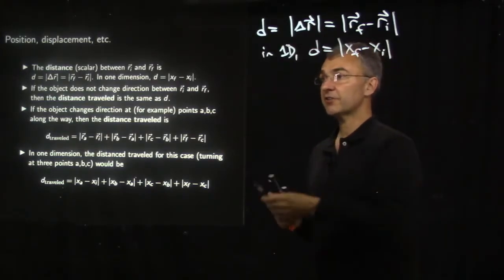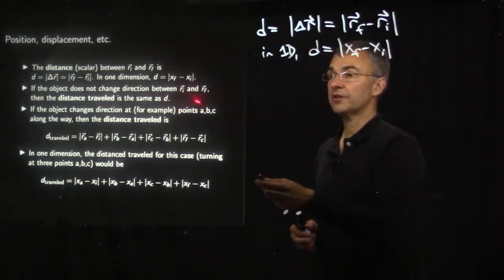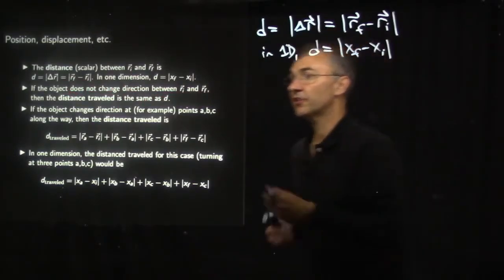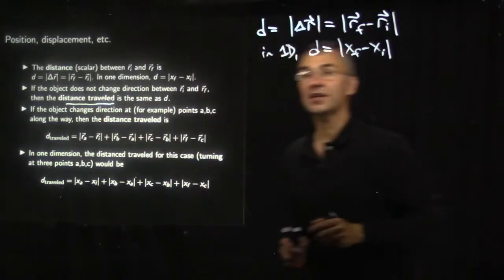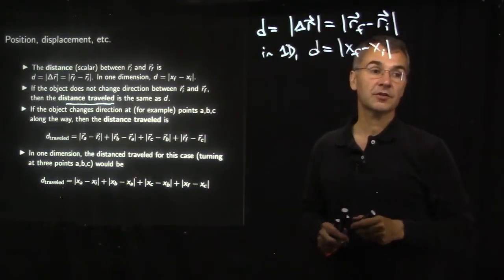If the object does not change direction between r initial and r final, then the distance traveled is the same as d.